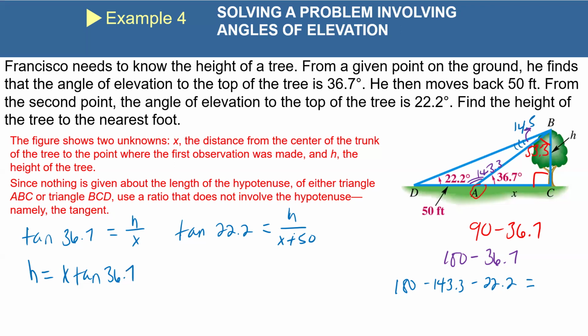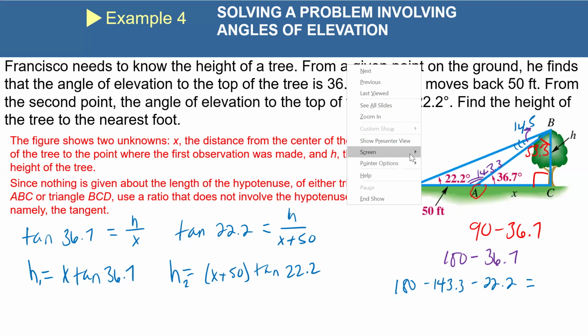H of this one is what? Tan of 22.2 times X plus 50. And now we're just going to graph these. So Y1, Y2, find their intersection.